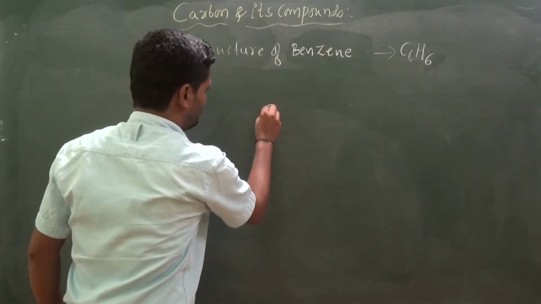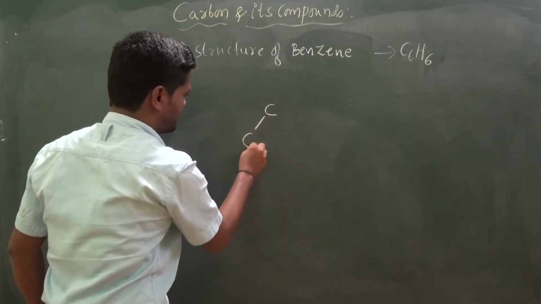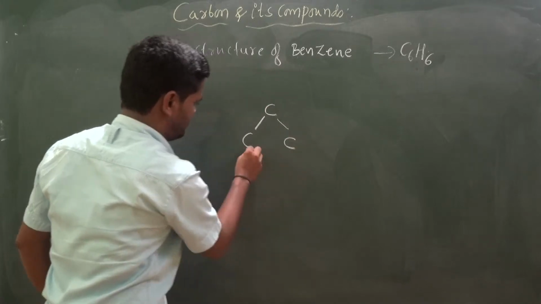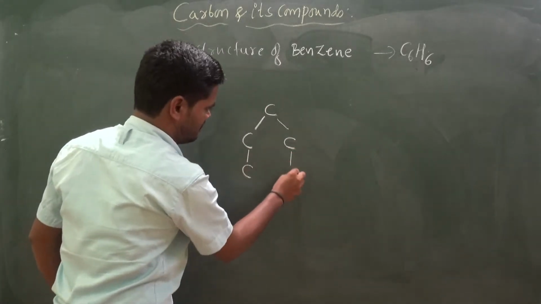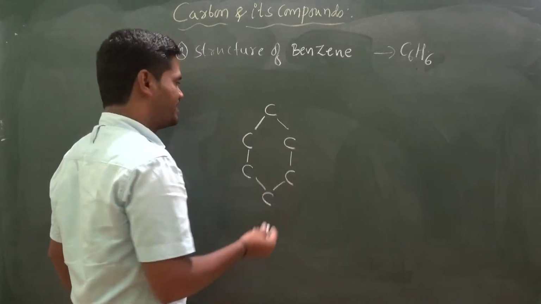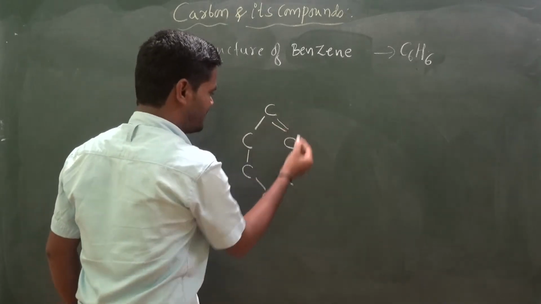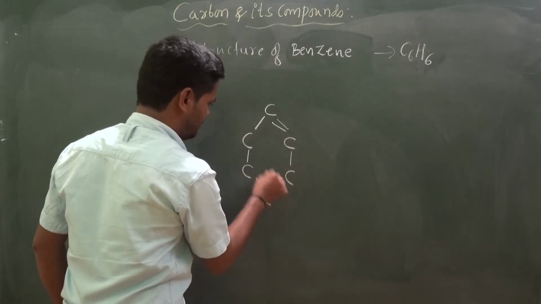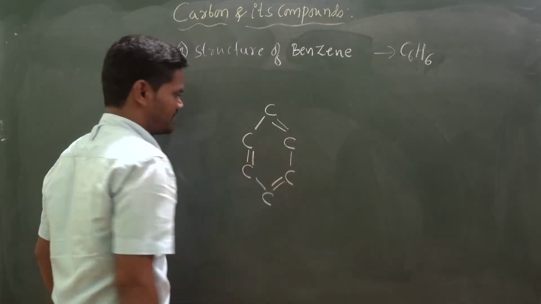Here, first you write 6 carbons again. And in benzene, there are alternate double bonds. You have to remember this one.